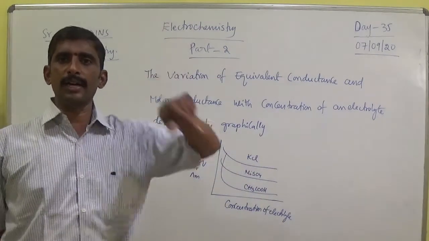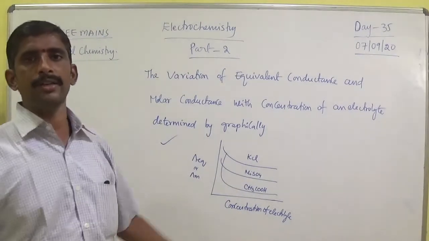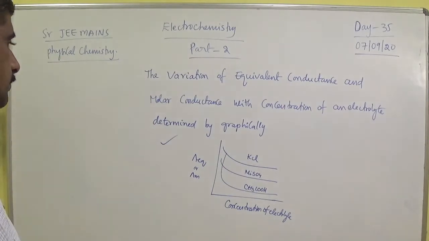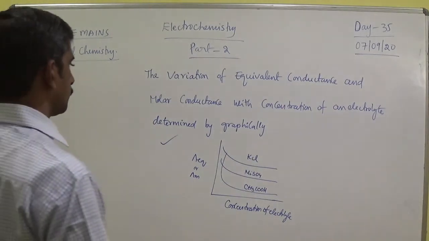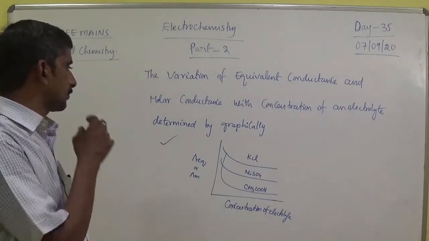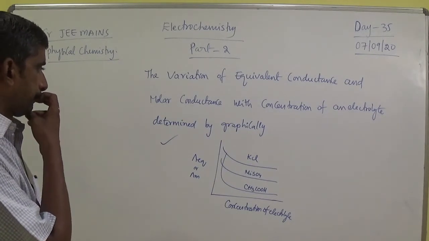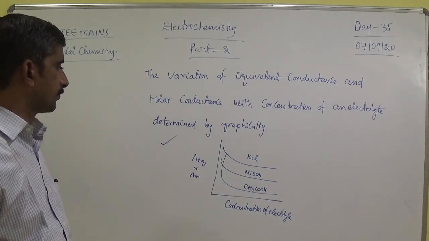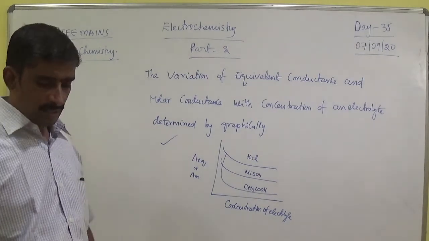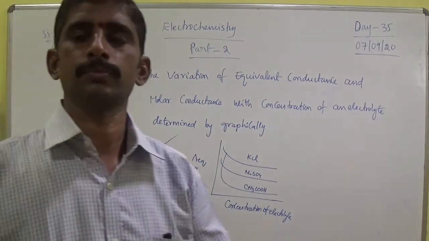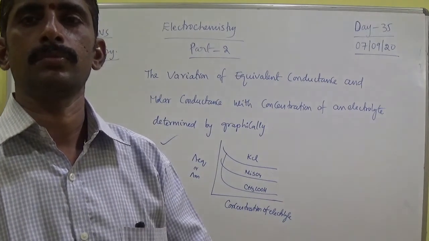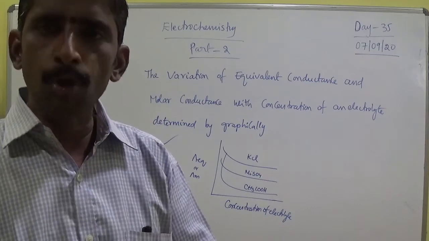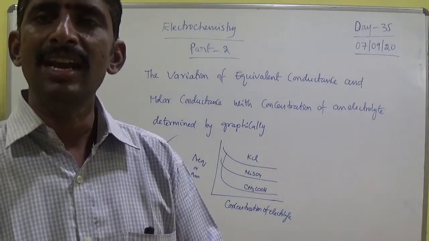So write down the graph. Strong electrolytes have more conductance, weak electrolytes have less conductance.